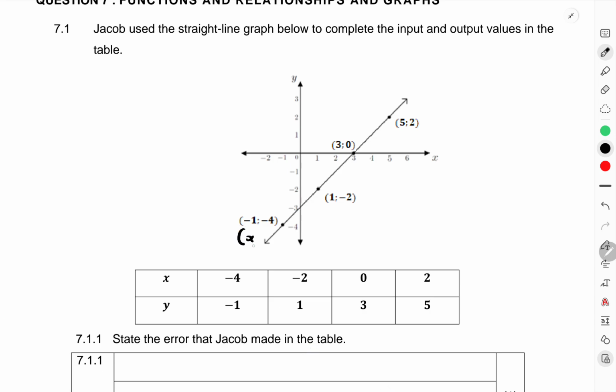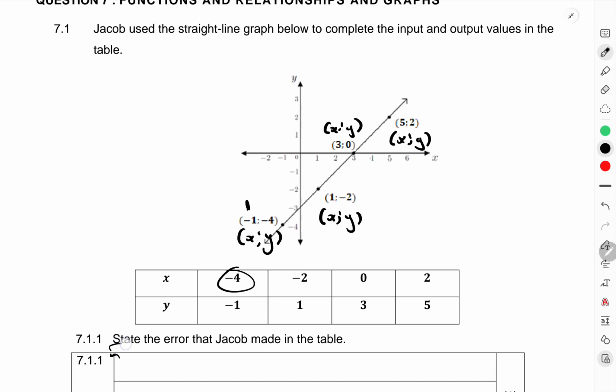Meaning the x value here is -1. The y value is -4. Therefore, here I have x is to y ordered pairs. But when you look at the table here, they wrote -4. But when I come here, the x value is not -4, but -1. They've made a mistake here.